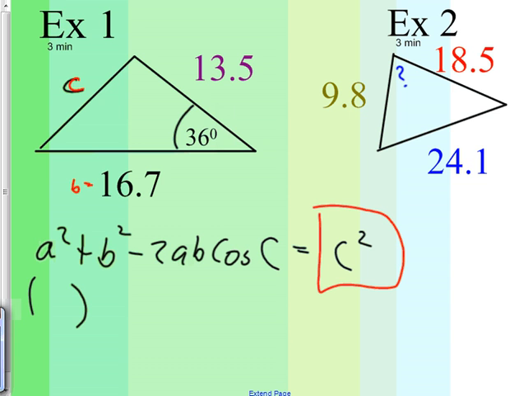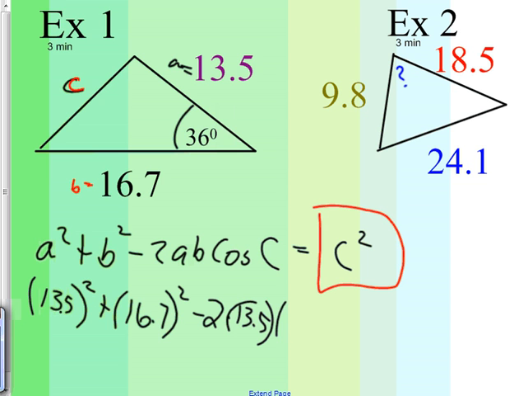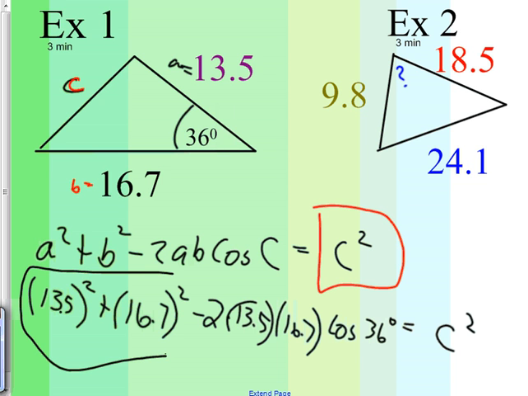A was 13.5 squared, plus B, which was 16.7 squared, minus 2 times A, which was 13.5, times B, which is 16.7, times cosine of C. That's cosine of 36. Equals C squared. That's just a great big number. And at the end, you take the square root of it, and you get 9.8.